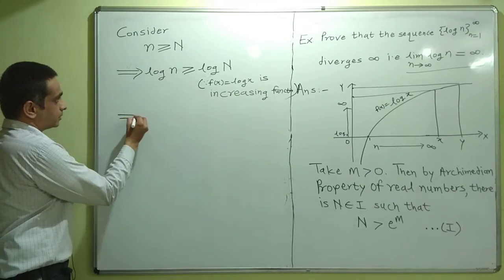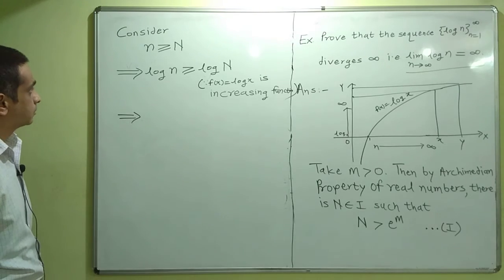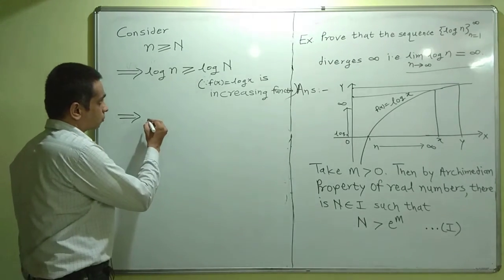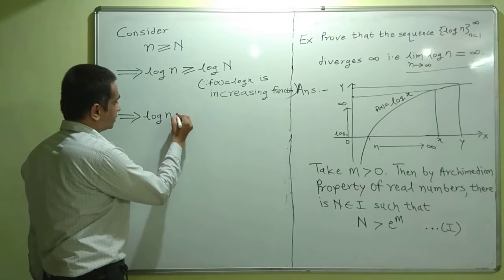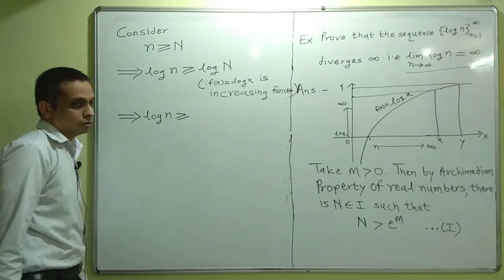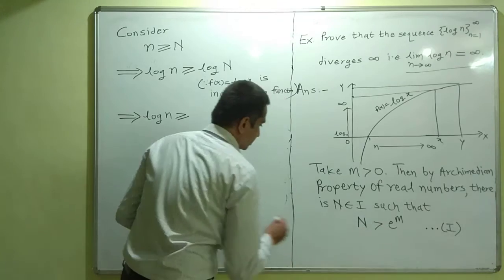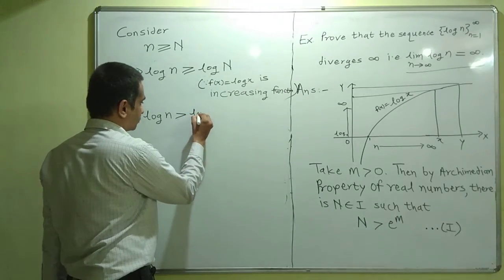This implies log n is greater equal to log of N, which is strictly greater than log of e raised to m.